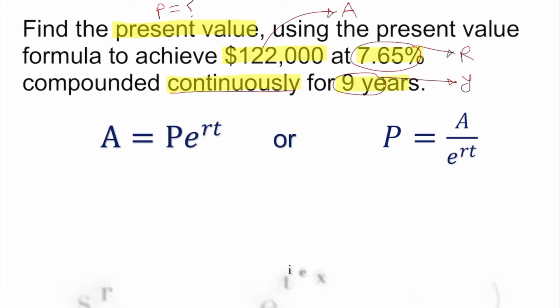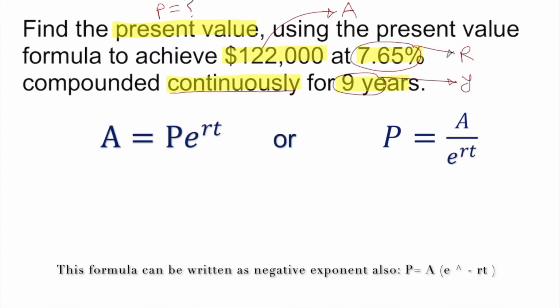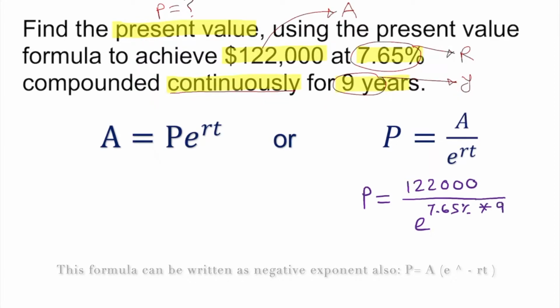If I substitute it here, I have P, the present value, equal to 122,000 over e to the power r, which is 7.65%, times 9 years, where t is the year.